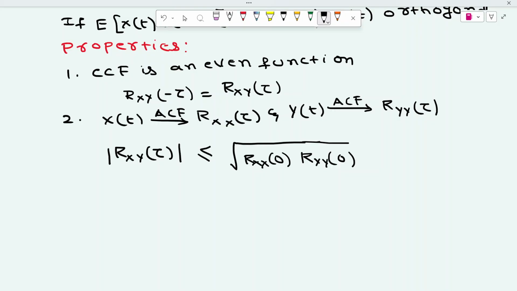So the cross correlation function value at any value of tau is always less than or equal to square root of rxx of 0 and ryy of 0.